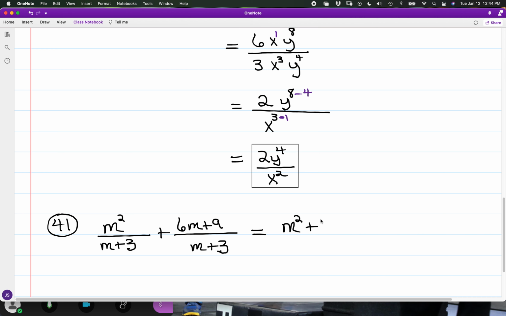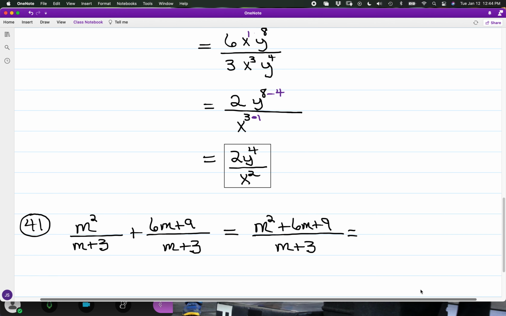So we're going to have m squared plus 6m plus 9 all over m plus 3. And for this ratio, I can reduce. For m squared plus 6m plus 9, that is a squared trinomial, so once you factor, you have m plus 3 times itself, all over m plus 3.